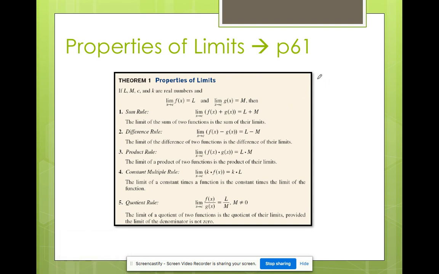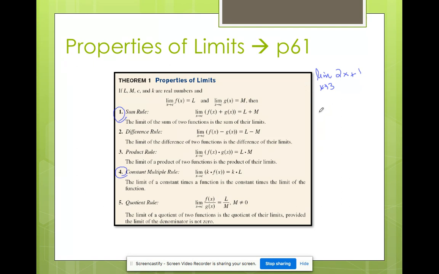For example, when I gave you the limit as x approaches 3 of 2x plus 1, we were actually using the sum rule and the constant multiple rule.